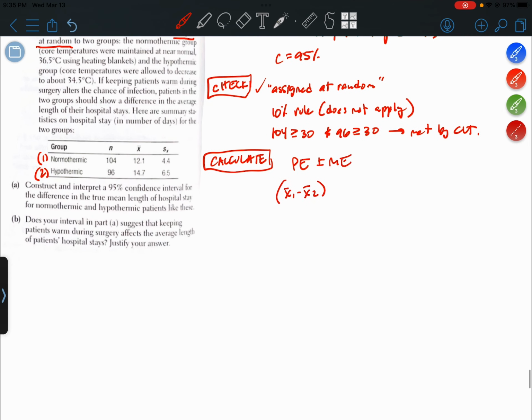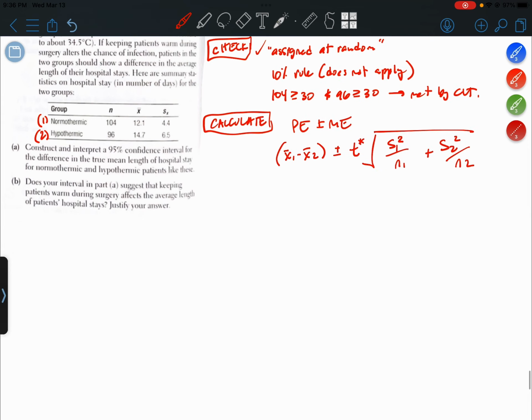Okay, all right, no worries, we'll figure it out now. Okay, x bar 1 minus x bar 2 plus or minus a critical value that comes from the t-distribution times the standard error, which is the square root of s1 squared over n1 plus s2 squared over n2. All right, so we're going to have 12.1 minus 14.7 as our point estimate, plus or minus.